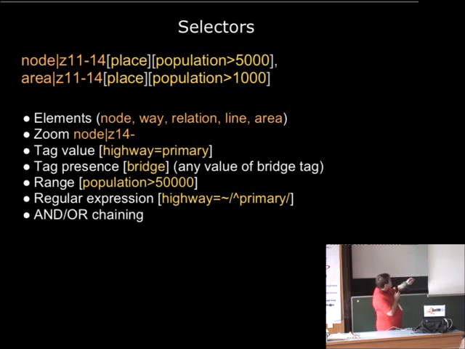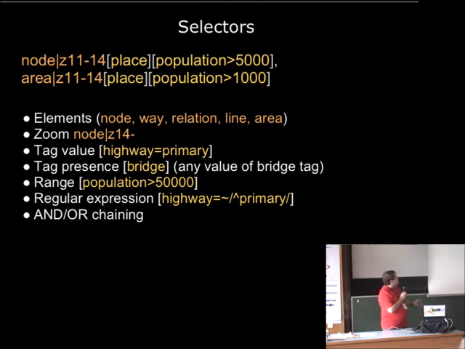You can specify tag presence like bridge, or bridge yes, bridge 1, bridge true, bridge wooden, and something else. You can specify ranges, so this will match population with value more than 50,000. And you can specify regular expressions like this, so it will match primary and primary link.